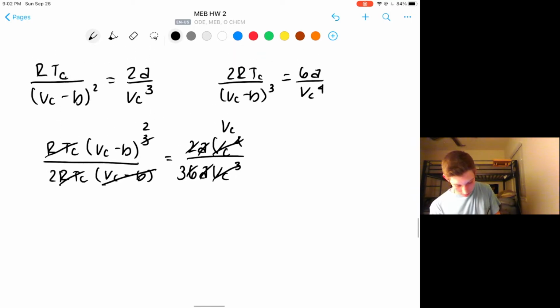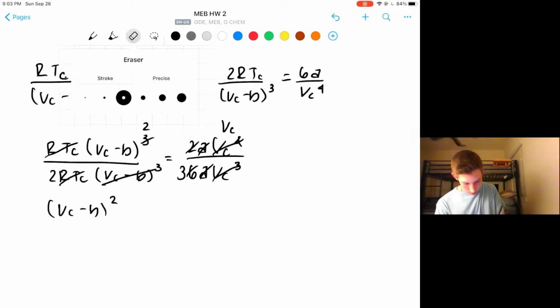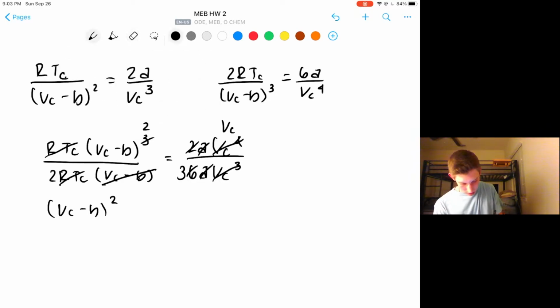So we have B squared. Actually, this should be cubed, or this should be squared rather, and this should be to the first.